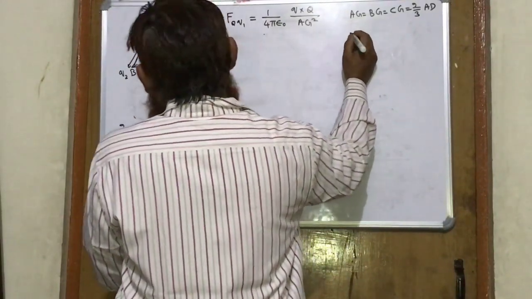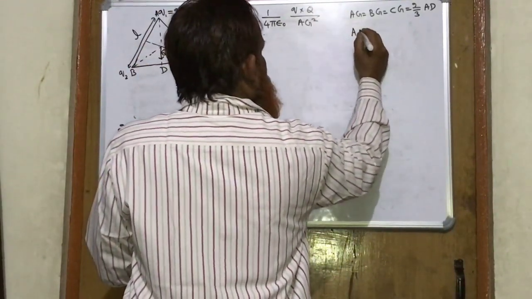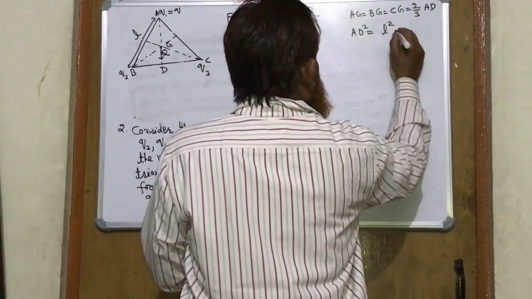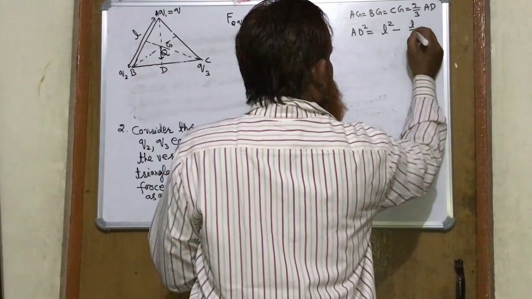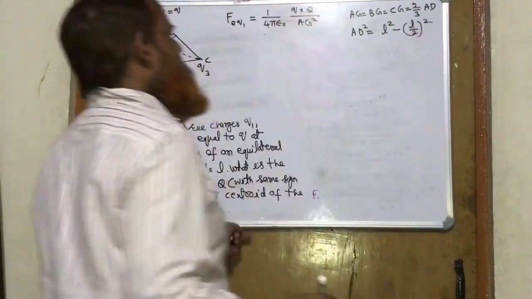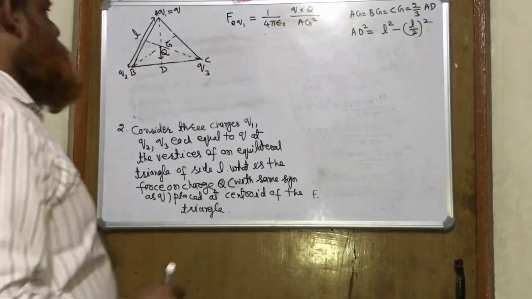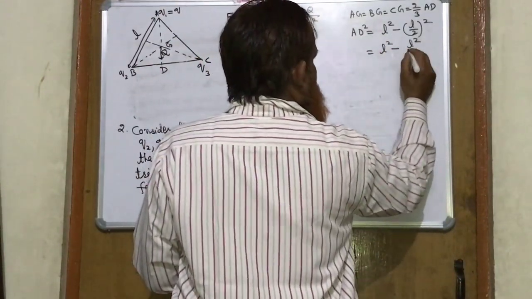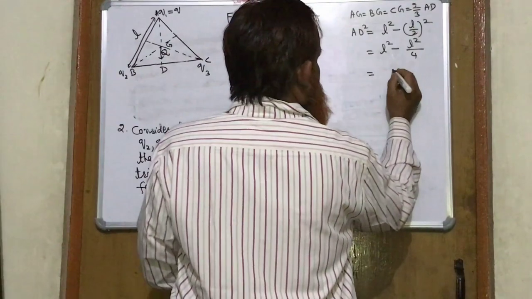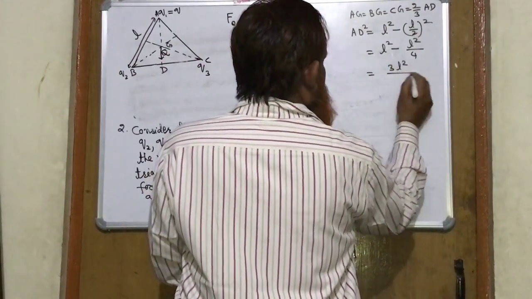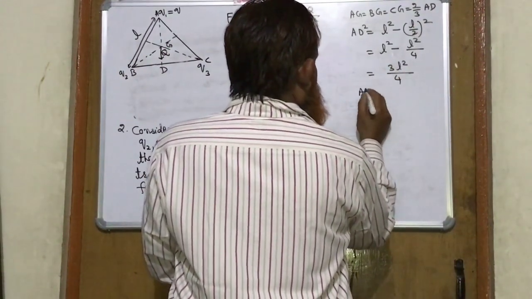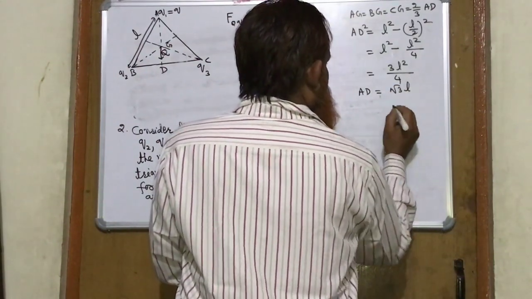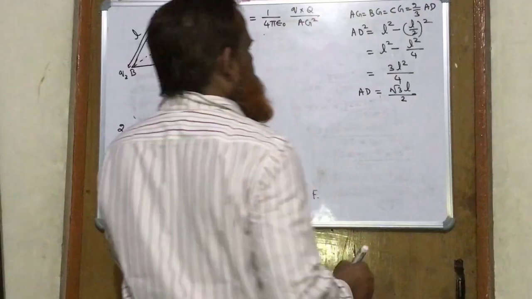So how will you find AD? AD square is equal to L square minus L by 2 whole square. By using Pythagoras, it will be L square minus L square by 4, which is 3L square by 4, or AD is equal to root 3 L by 2.